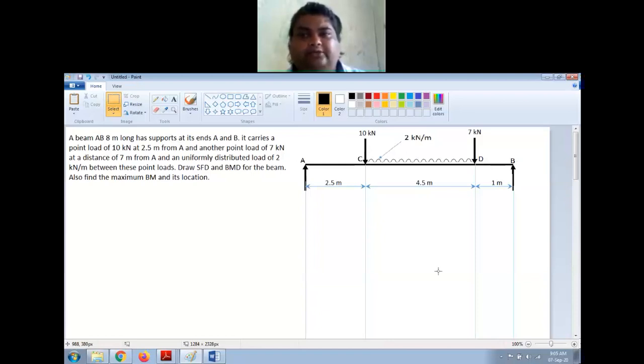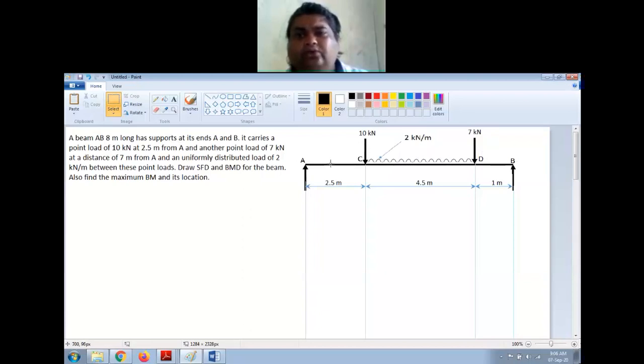where it occurs. Now, a practical example for such cases: you can imagine this is the beam on the floor of your apartment building, and these can be the walls, right?